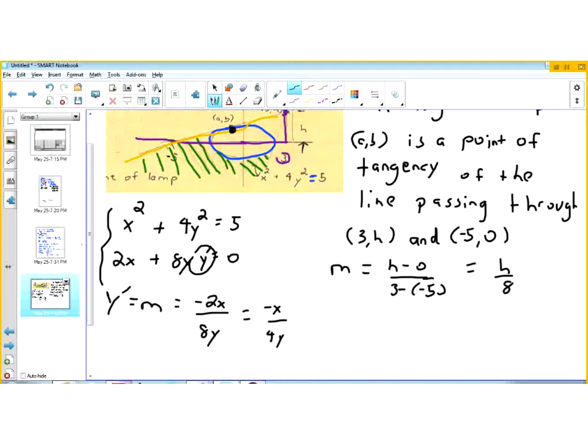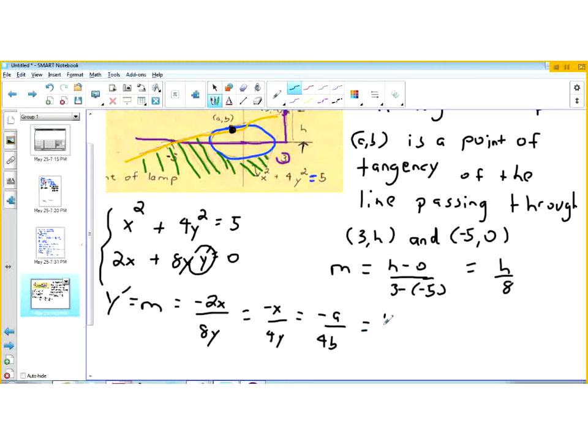Okay, and this happens in particular at AB. So if (x, y) is equal to (a, b), we can plug in at the point of tangency AB, the slope of the tangent line at the point of tangency AB would be negative a over 4b.